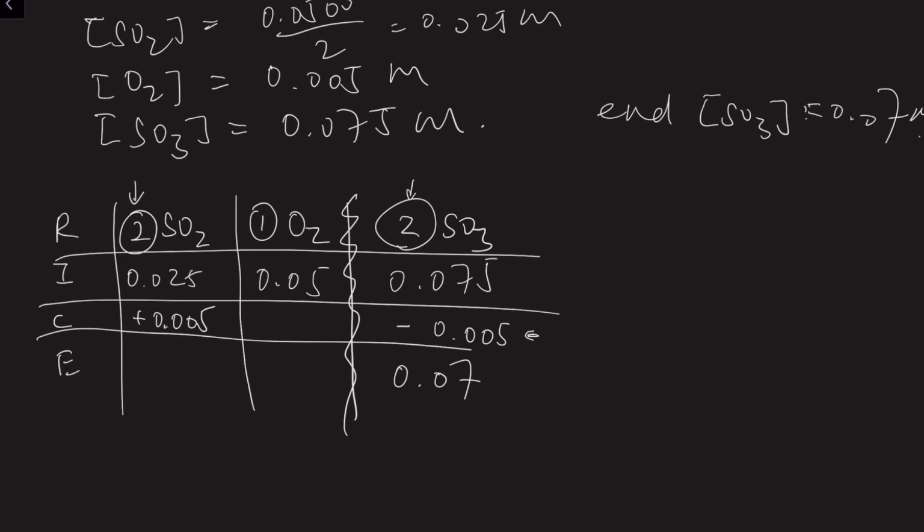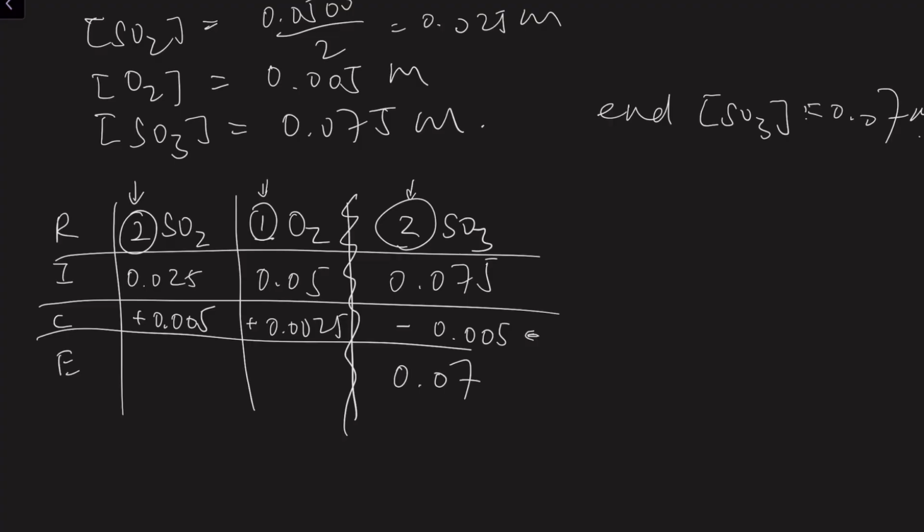For oxygen, it's more interesting. The coefficient in front of oxygen gas is half the coefficient of SO3. So you need to halve the change. You divide the change by 2. So it's also plus because it's the reactant, 0.0025.